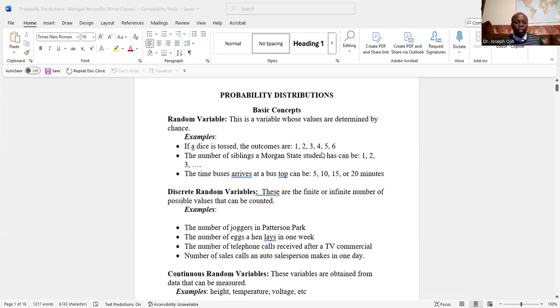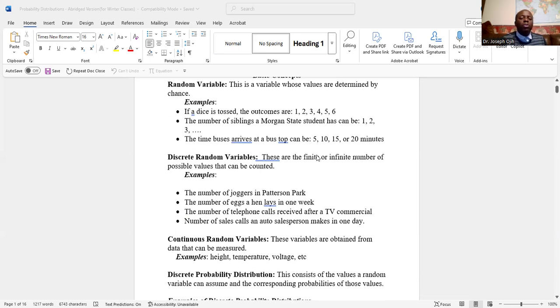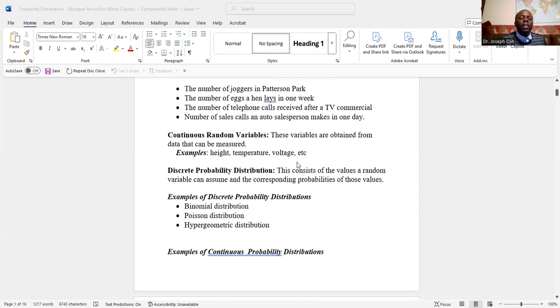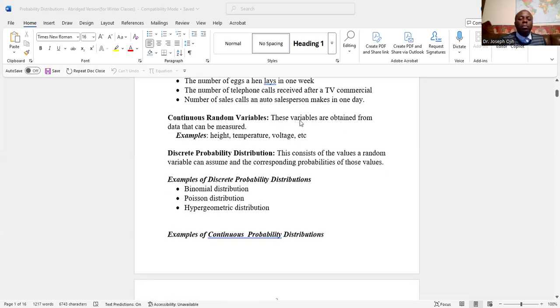The number of telephone calls received after a TV commercial is another example. But continuous random variables are the ones that we cannot count. Instead, we measure them. They are obtained from data that can be measured. Things like height, temperature, voltage. They are continuous random variables.